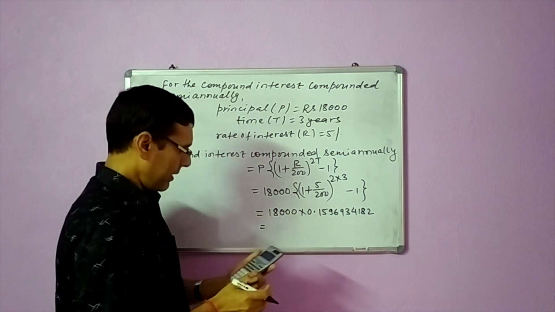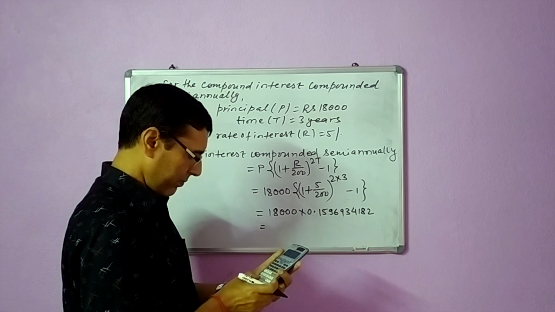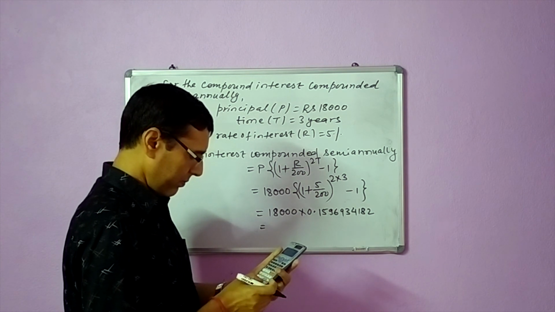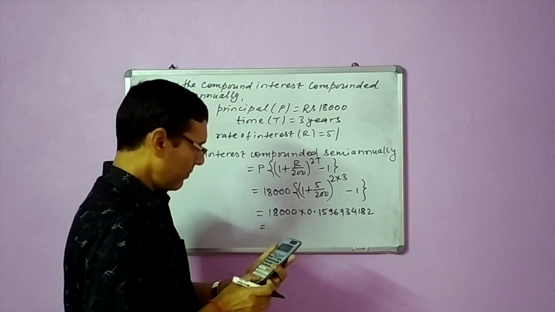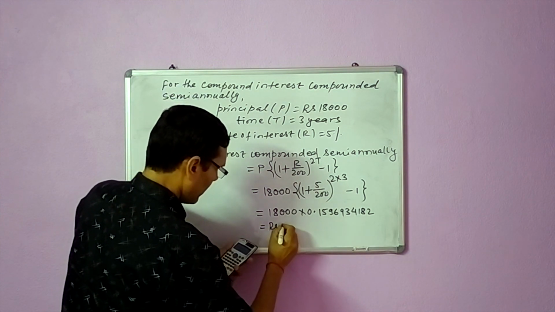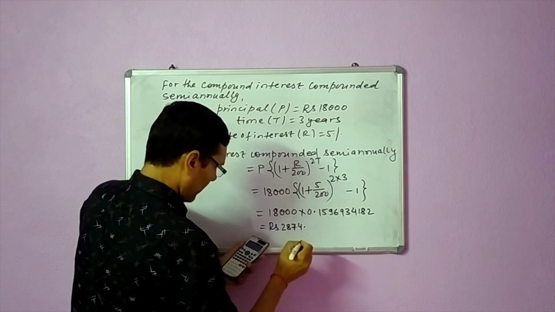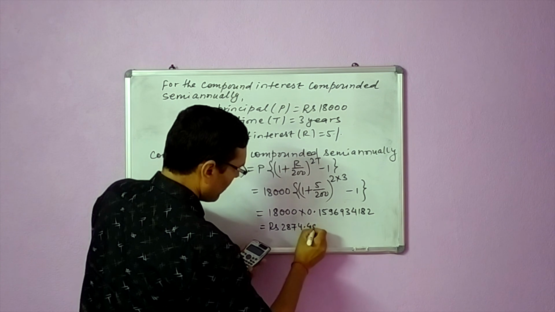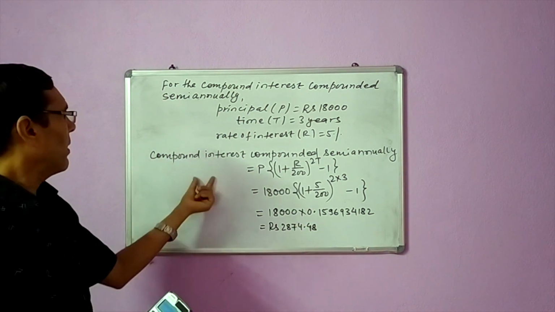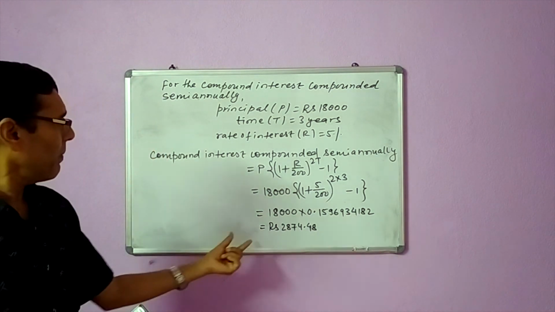After multiplying with 18,000, we get rupees 2,874.48. So this is the required compound interest compounded semiannually according to the question.